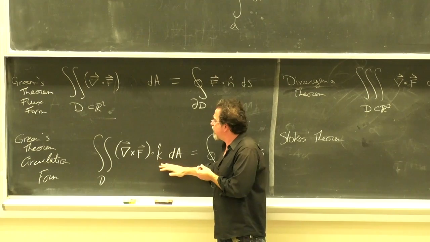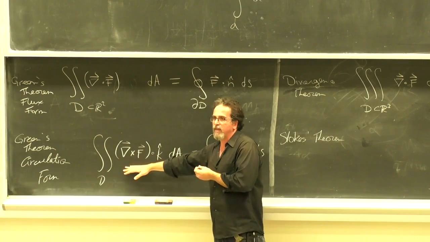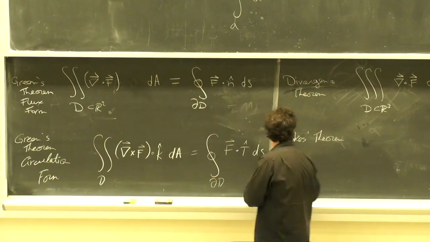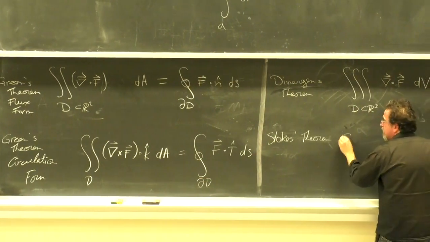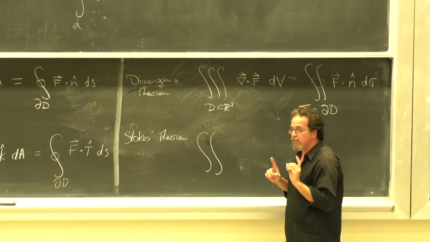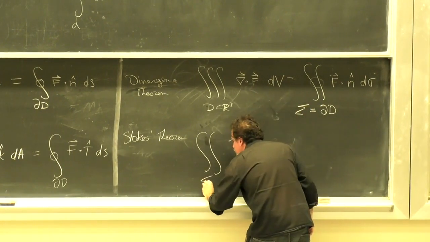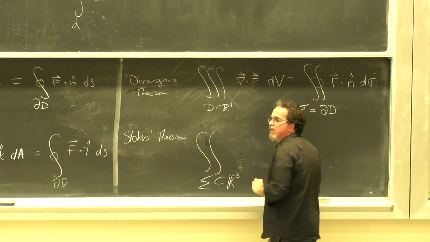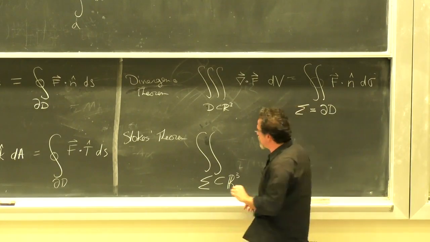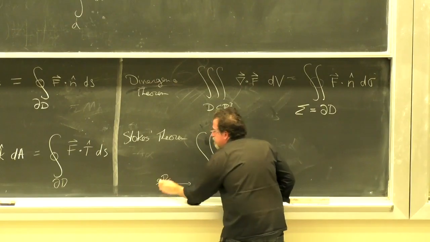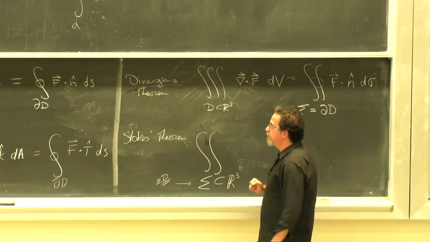So my point is, Green's theorem, this left-hand side, actually carries over in the following way to Stokes' theorem. The double integral, now the domain is a surface. So I'm going to write this over a surface which is contained in R3. This is a surface inside of R3. So this is two-dimensional, 2D. Okay?